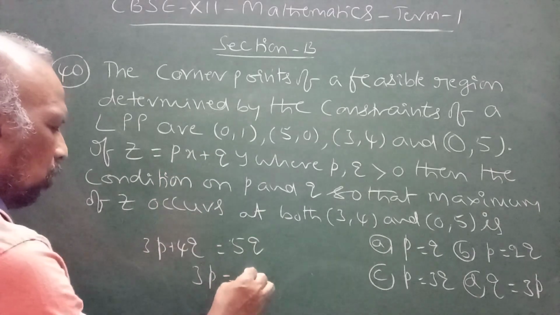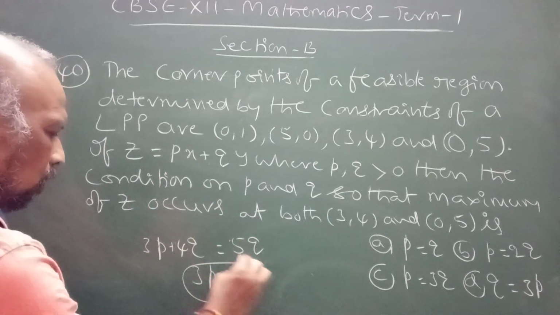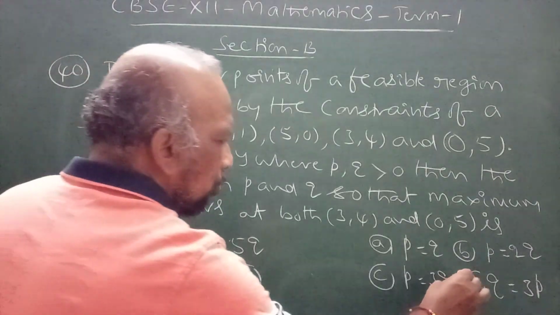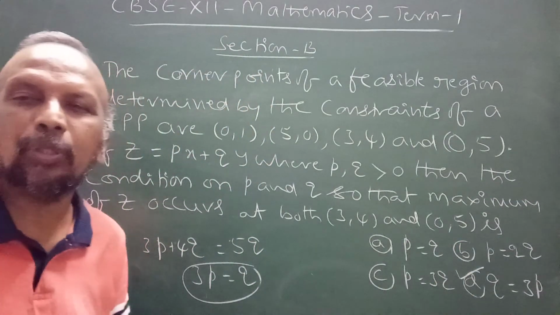Then 3p is equal to q. So 3p is equal to q means the fourth option. Your answer is the fourth option.